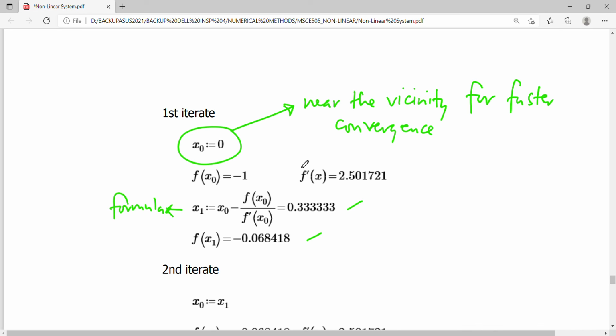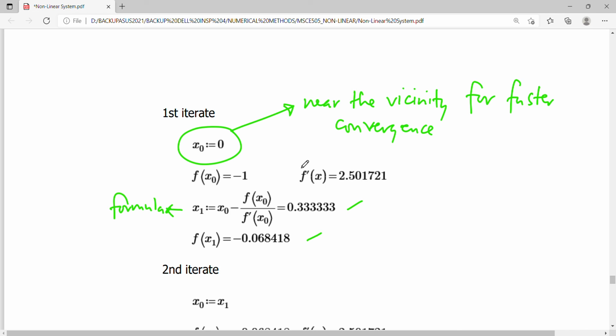That's why it's the most useful method, kahit siguro sa mga engineering programs, no? Non-linear or linear man siya. Of course, linear, you don't need to solve for the derivative, no?